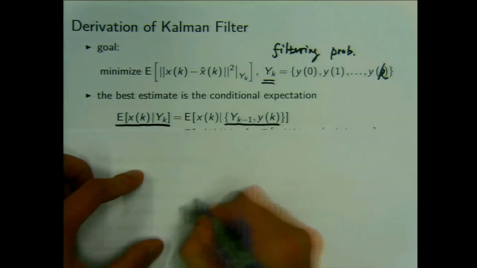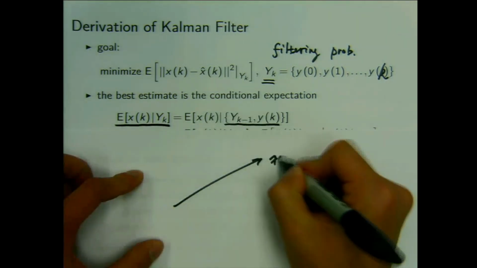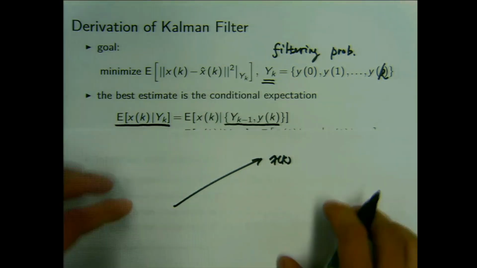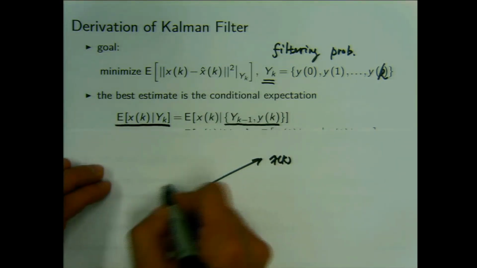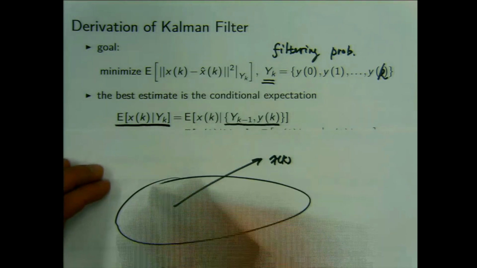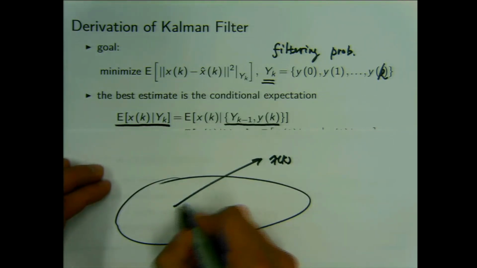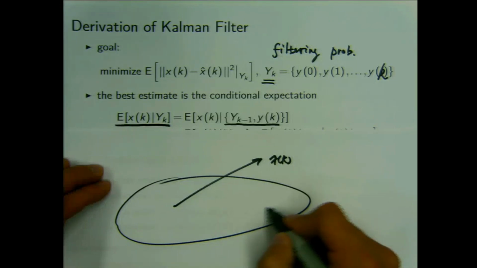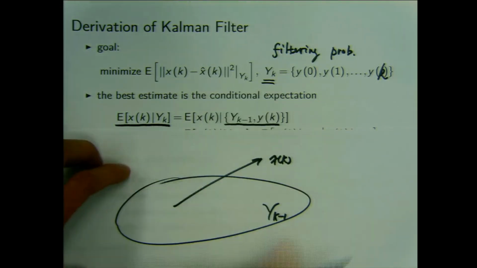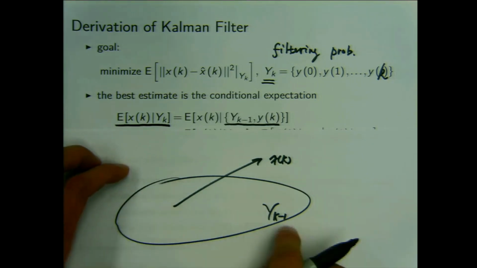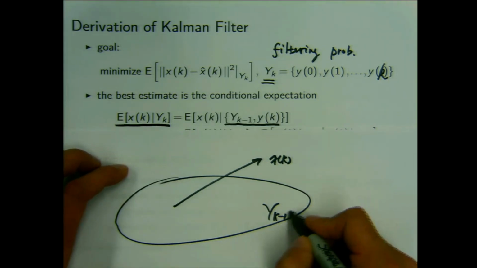We want to estimate x of k in the state space. Now, we have all the measurements up to time k minus 1. Imagine this is a vector space spanned by the measurements from y0 to yk minus 1.